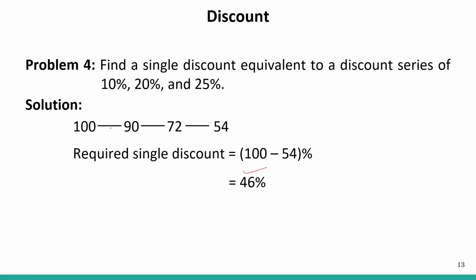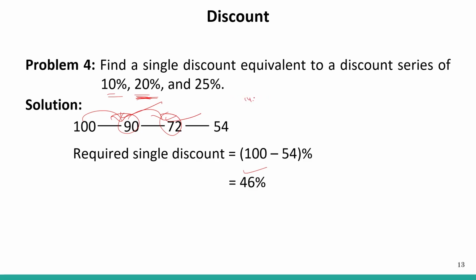Now the step-by-step solution. After applying 10% discount, 100 becomes 90. And then after applying 20% discount, 90 becomes, and observe here, we applied successively, so the 20% discount is actually applied on 90 rupees, right? Then it goes to 72 rupees. And then we apply 25% discount on 72. So how much will it be?